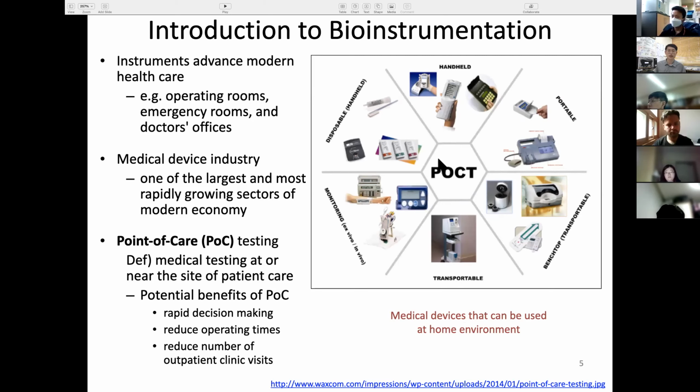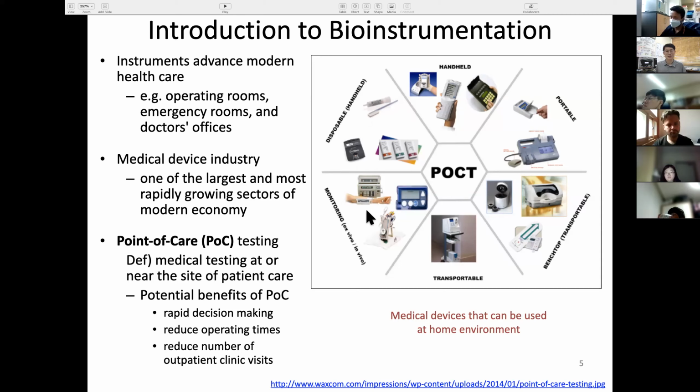So I'll give you some examples. For example, a disposable device such as a pregnancy kit that you can use at home in a very convenient way. And a handheld device for, let's say, glucose measurement. I think those can be used with a very simple handheld device.